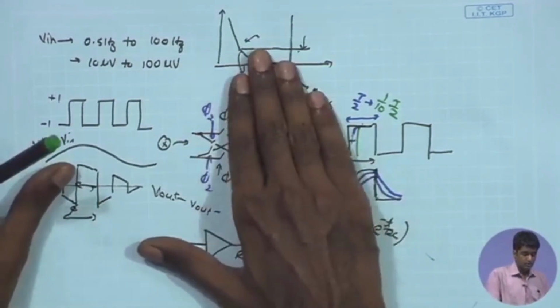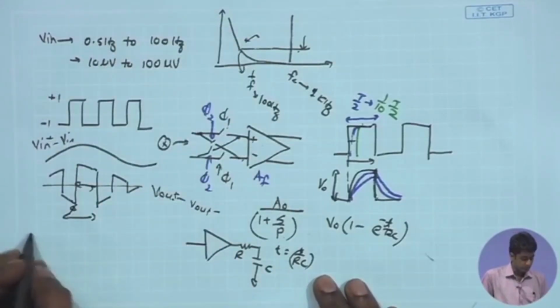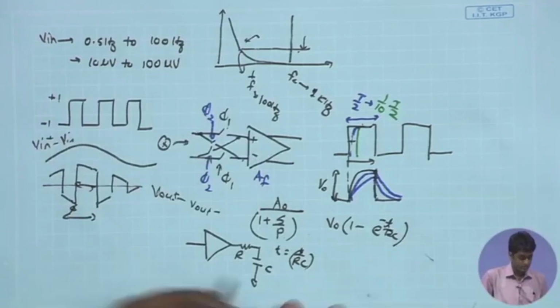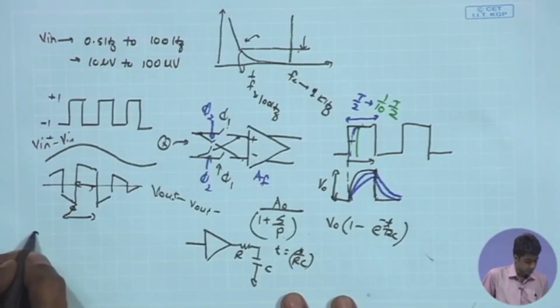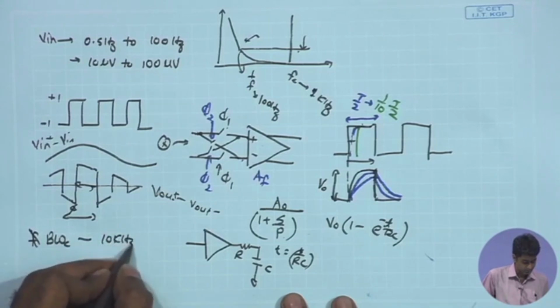So, in this case let us choose the amplifier bandwidth to be 10 times FC, let us call it closed loop bandwidth, that can be chosen as say 10 kilohertz.